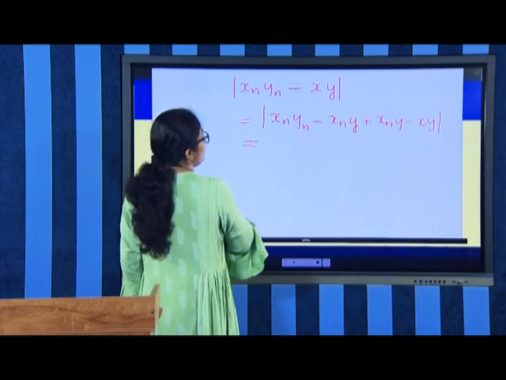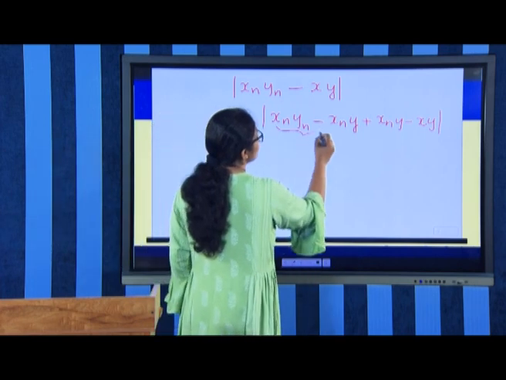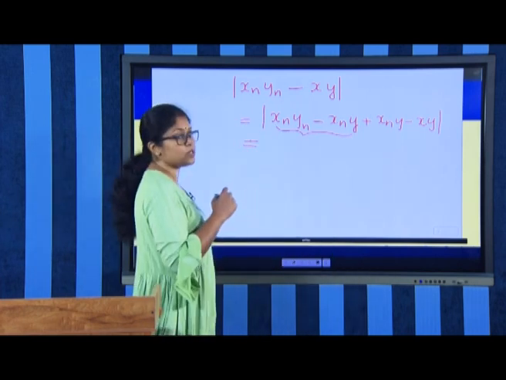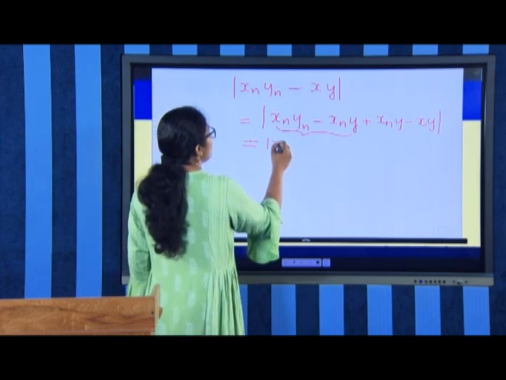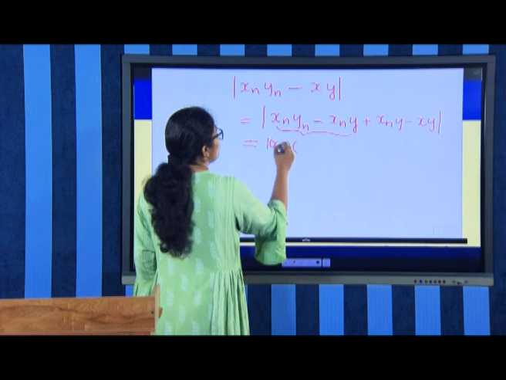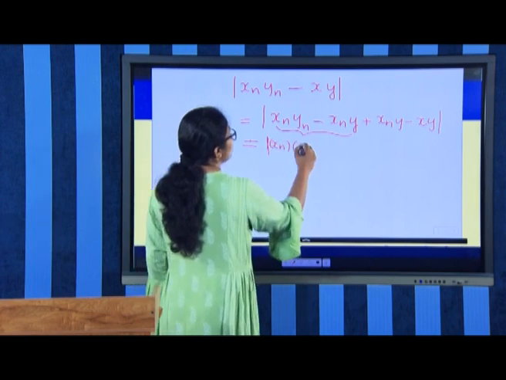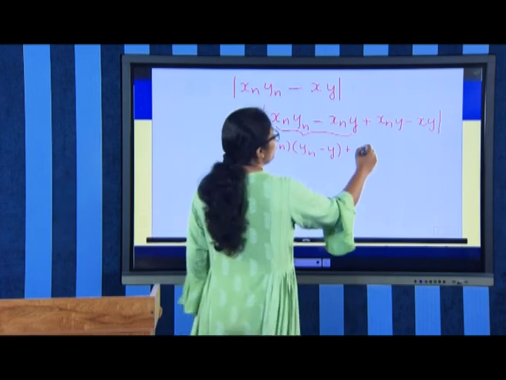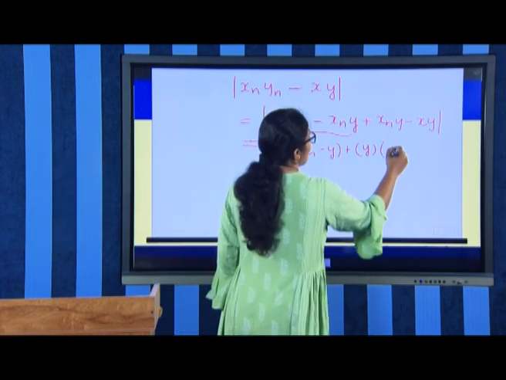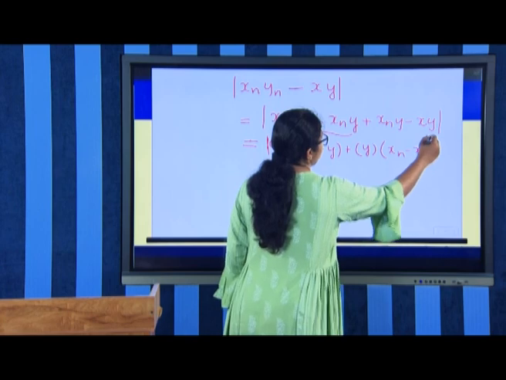Now, this is equal to, from the first two terms we can take mod xn outside. So, we can write this as mod xn into modulus of xn into yn minus y plus y into xn minus x.